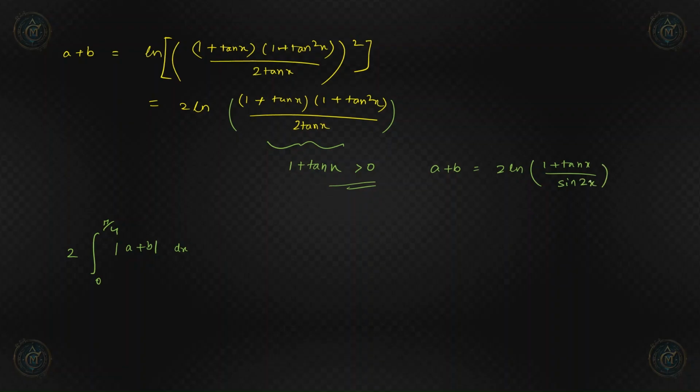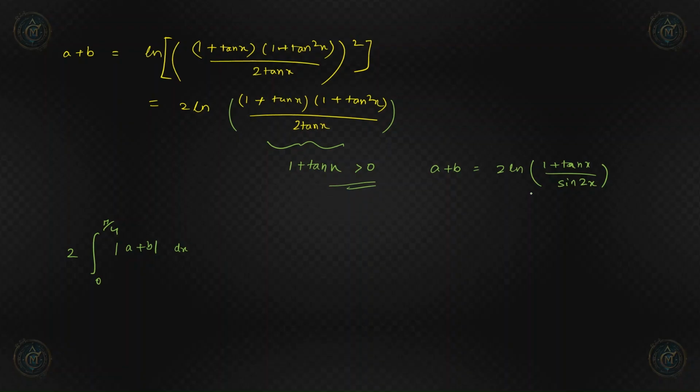We have to check the term inside this log. If the argument of the log function is less than 1, this mod will open with negative sign. And if the argument, 1 plus tan x by sine 2x, is greater than 1 for this interval, we have to open the mod with positive sign.